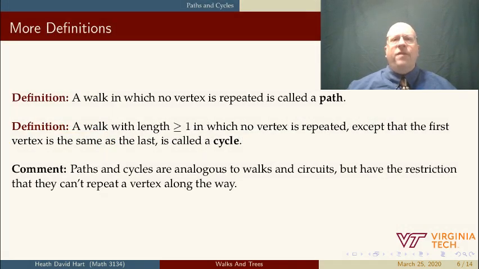Some more definitions. A walk that does not repeat any vertices is called a path, and a walk that doesn't repeat any vertices except that it does come back to its starting vertex, the first vertex is the same as the last, is called a cycle. We require that the length has to be at least equal to 1. A walk of length 0 that is just a dot that doesn't go anywhere, we don't call that a cycle.